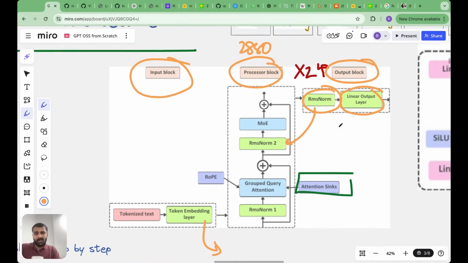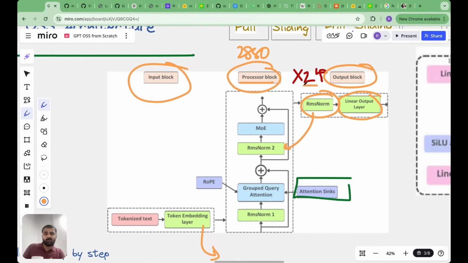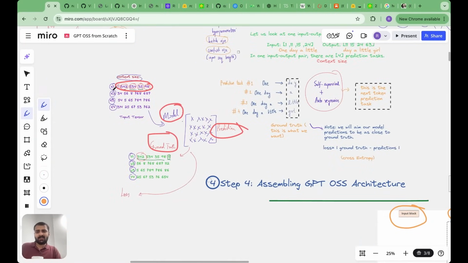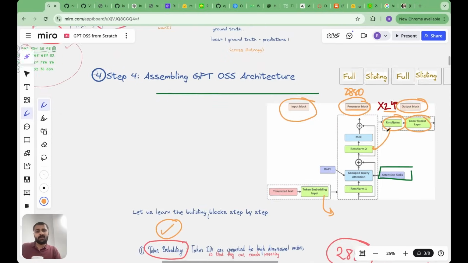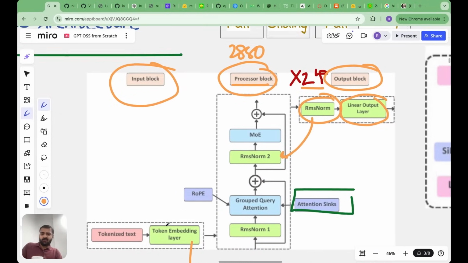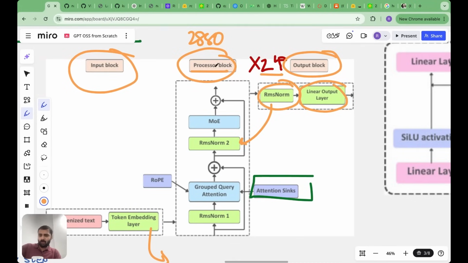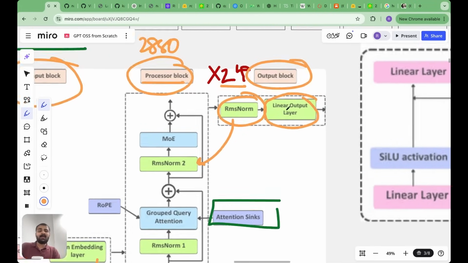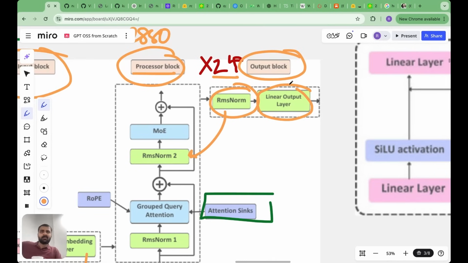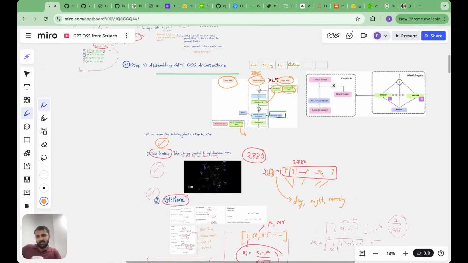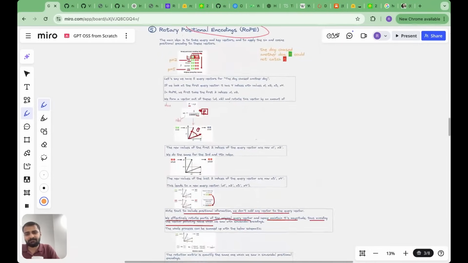And remember that when you see the processor block, there are 24 such processor blocks in the 20 billion architecture and 36 in the 120 billion architecture. So one input sequence like this has to go through a very long journey. It has to first be tokenized, then converted to token embeddings, then go through 24 or 36 such processor blocks, and then come out through the output layer, and then we'll predict the next token. And then we'll need to compare it with the actual ground truth and get the loss.